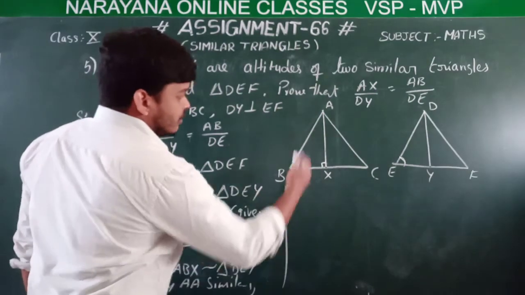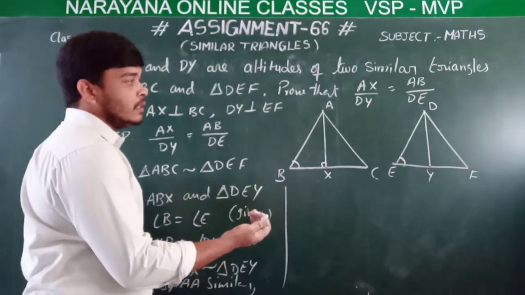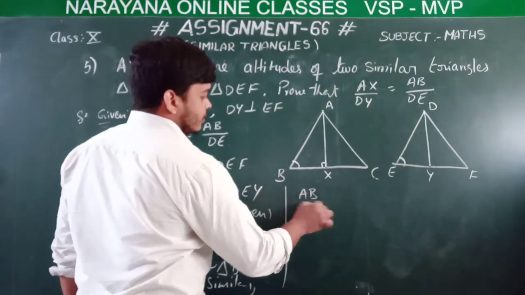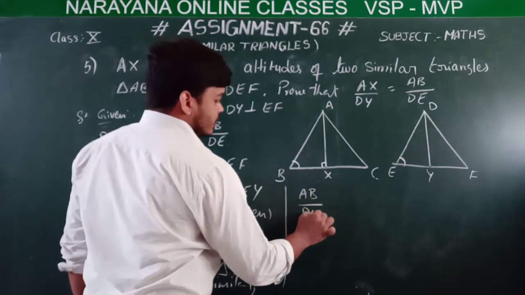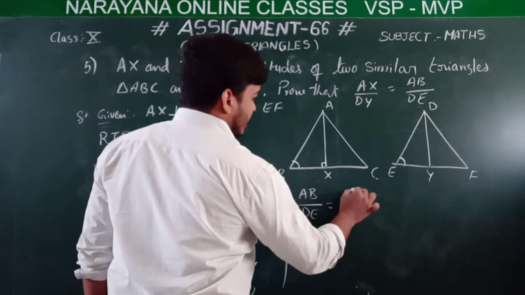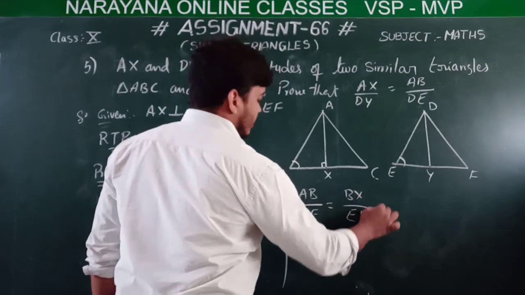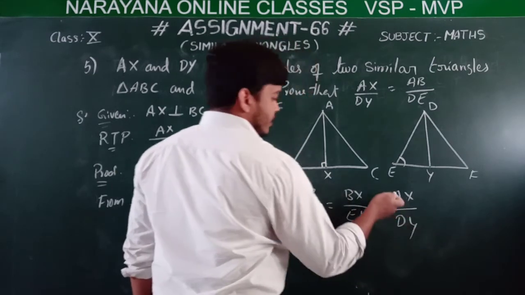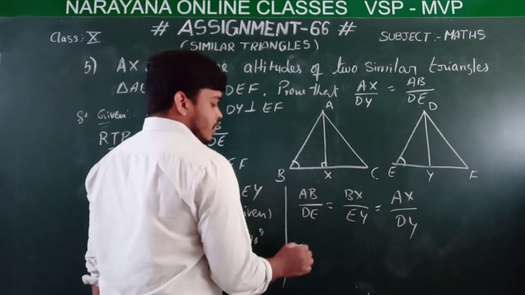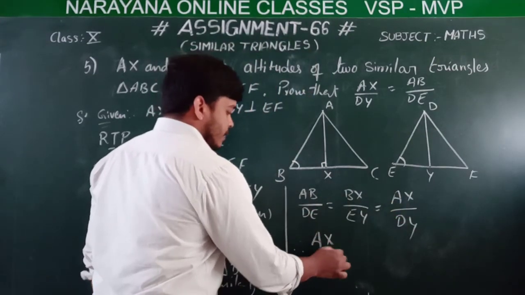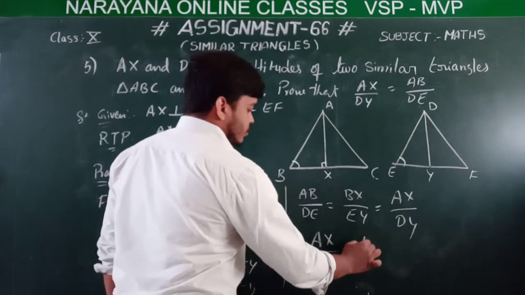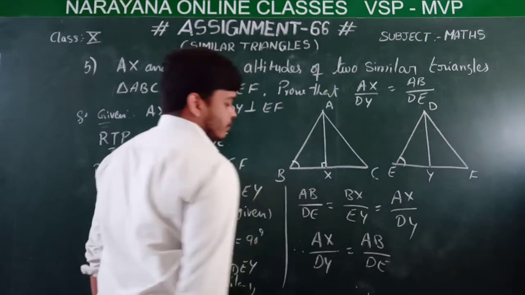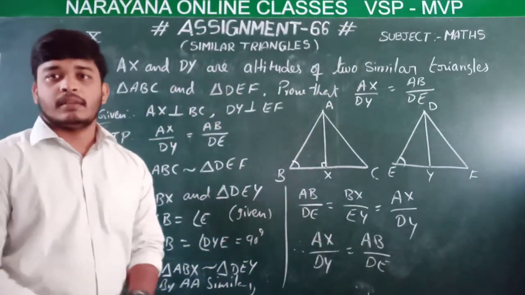If two triangles are similar, their corresponding sides are in proportion. That is, AB by DE is equal to BX by EY is equal to AX by DY. It means AX by DY is equal to AB by DE. Hence proved. This is what is asked, right?